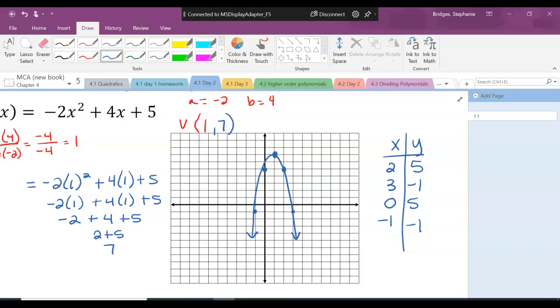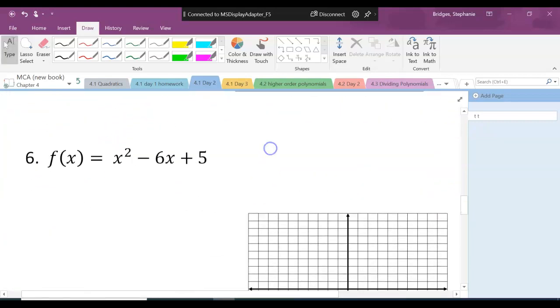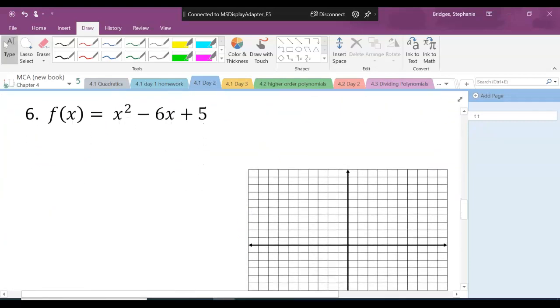Just like we did yesterday. Okay, we should be working on number 6. Again, if you would like to be able to simplify all of that in a calculator, grab a calculator and let me show you how to do it.